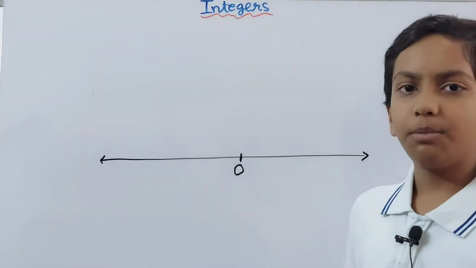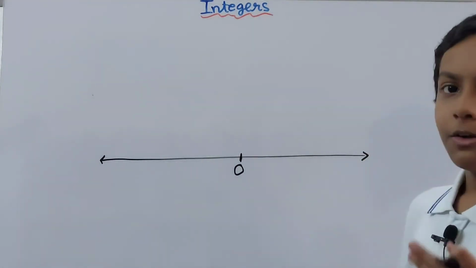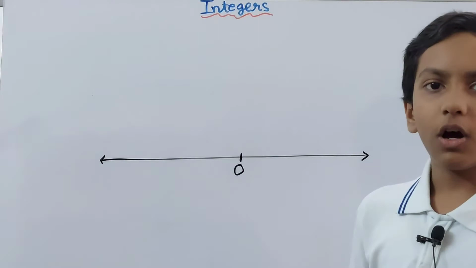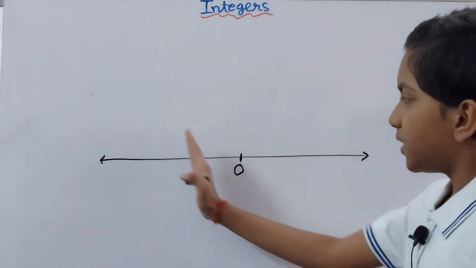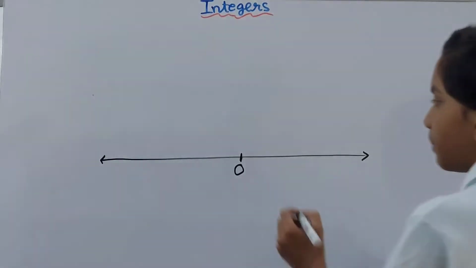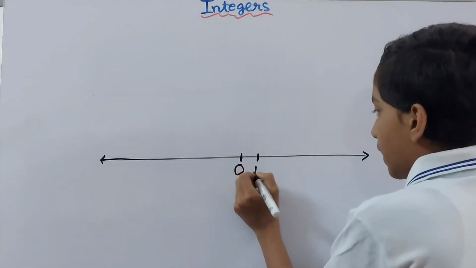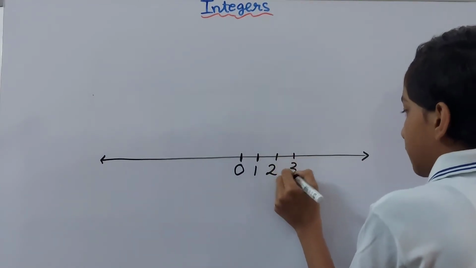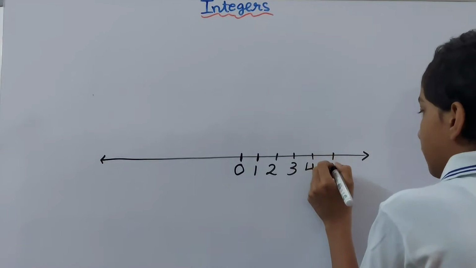Whenever you are writing positive numbers, the numbers should be written to the right of 0. And when you are writing negative numbers on a number line, the negative numbers should be to the left of 0, okay? So let's suppose over here we write a positive number 1, then 2, then 3, then 4, and then 5.